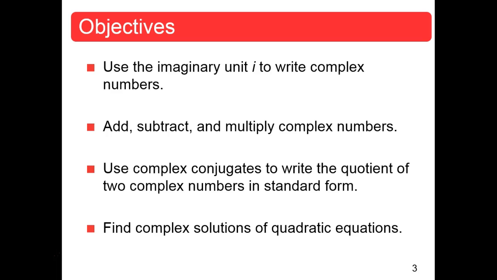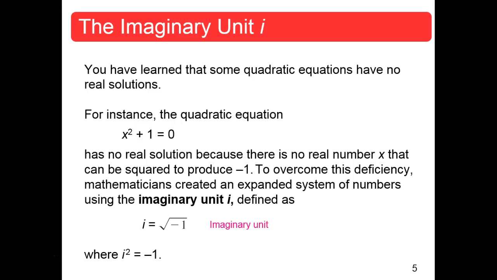When there's no real solutions, that means there's usually at least two complex solutions, okay? So let's start with the imaginary unit i. You've learned that some quadratic equations have no real solutions, like I was just saying. You draw the graph and they don't touch the x-axis. They're either above the x-axis going up, below the x-axis going down, no real solutions.